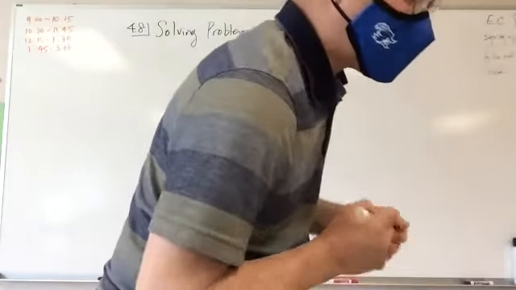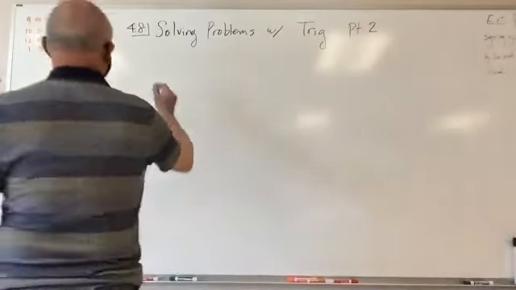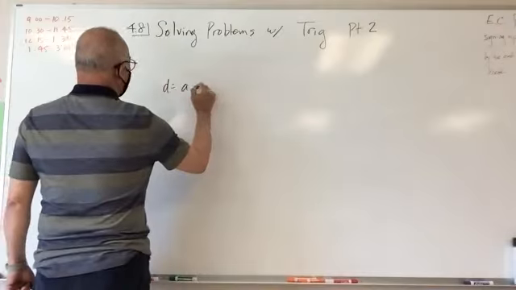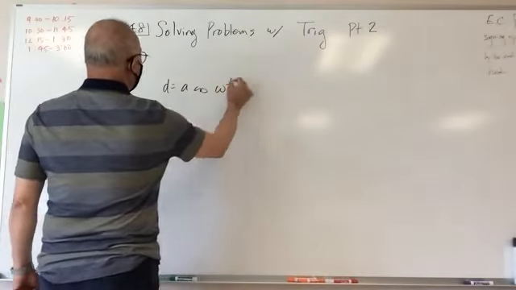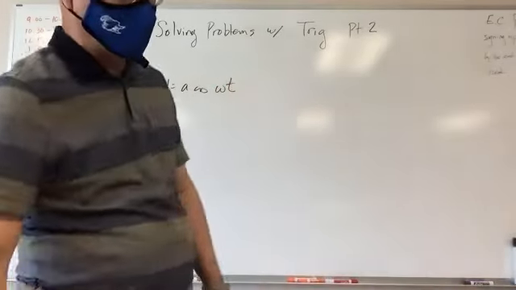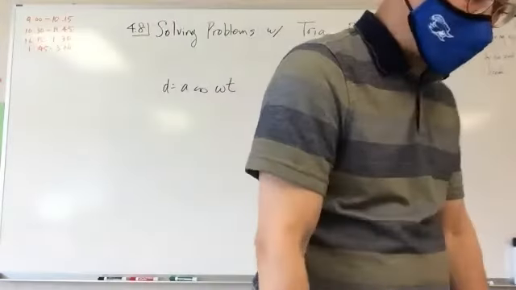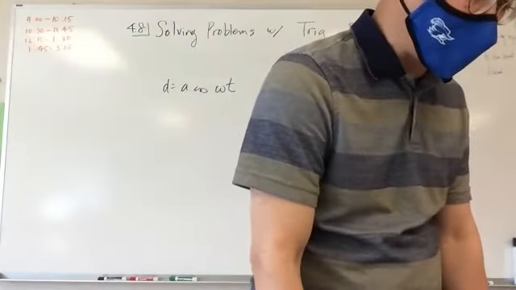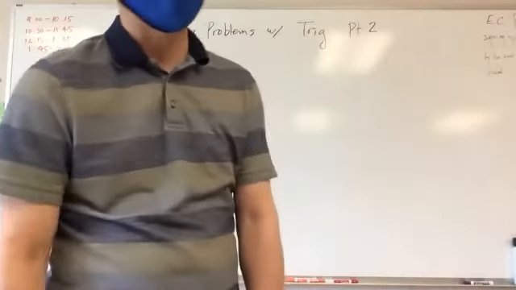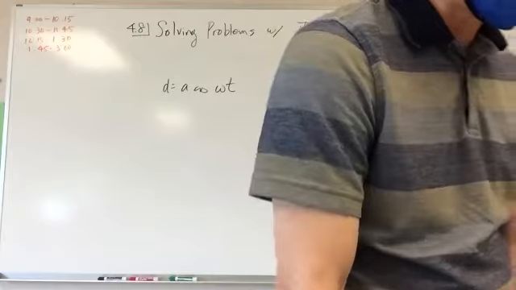So the D at any given point is given as A times cosine omega T. It's an omega, not a W there. Omega meaning the angular velocity. Go to top of page 391. There's a definition there.